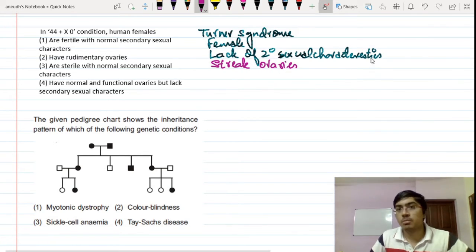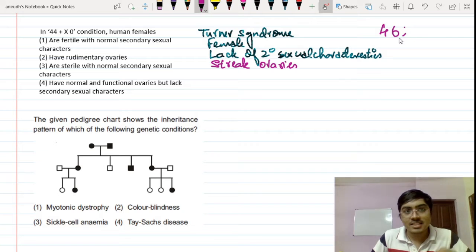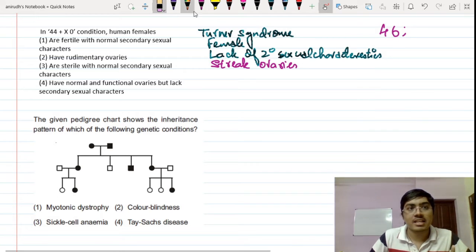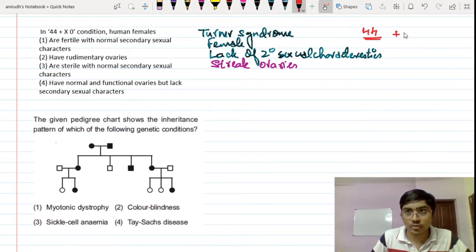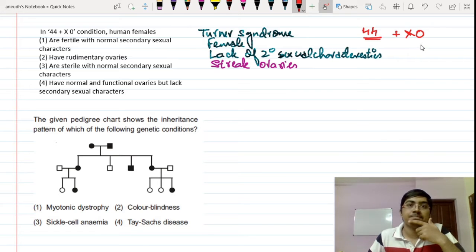Now tell me what is the problem here. See, not 46 actually, 45 chromosomes. So this patient has 44 chromosomes that are autosomes, and if you see the allosomes, there is one X chromosome, and in place of another X chromosome there is no X chromosome, and no Y chromosome either. So one chromosome is actually missing here.